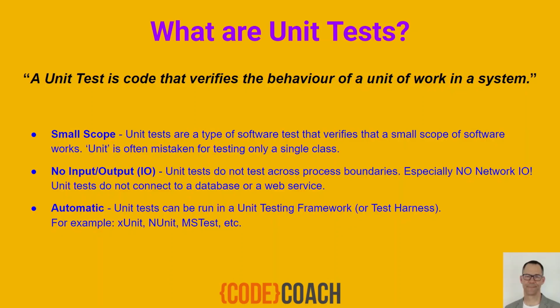And oftentimes it's mistaken as meaning that one unit test tests just a single class. That's not the case. Oftentimes we test with a unit test a small set of collaborating classes.